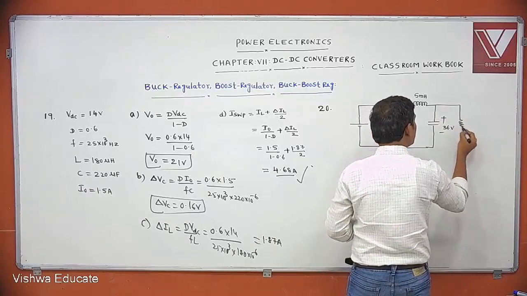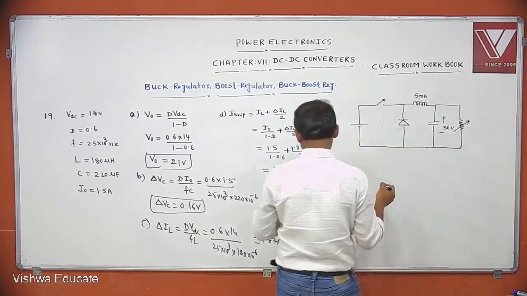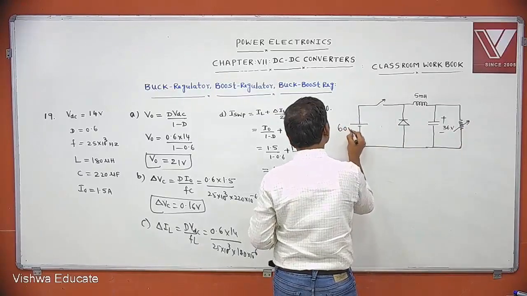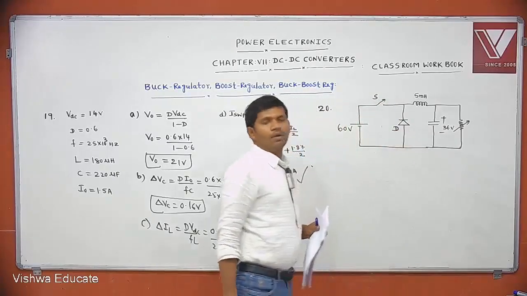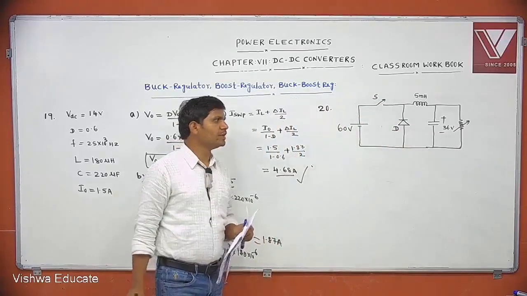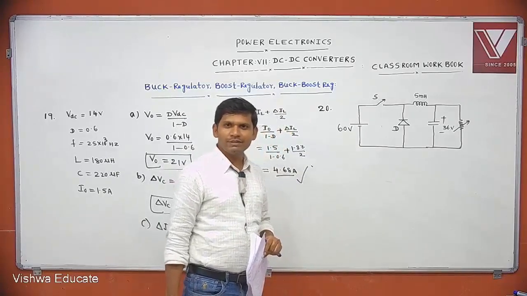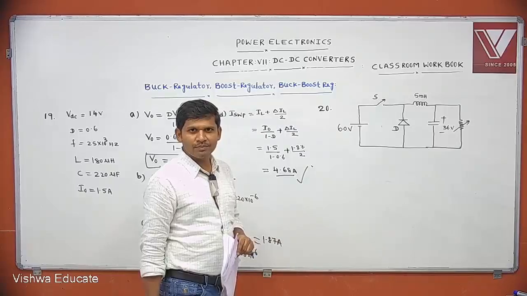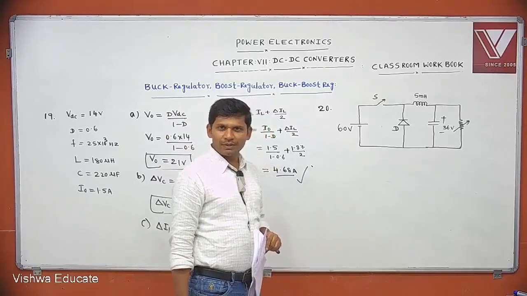This is the variable resistor. This is 60 volts, it is given. This is a switch, this is a diode. Which regulator is it? The inductor is at the load side, that's why it is a buck regulator. That is a buck converter.